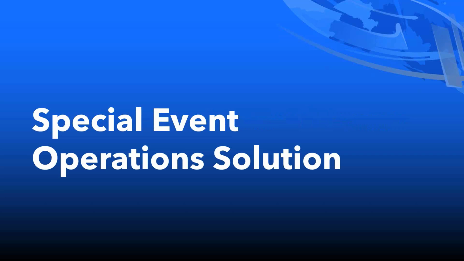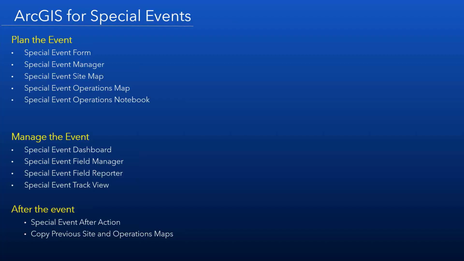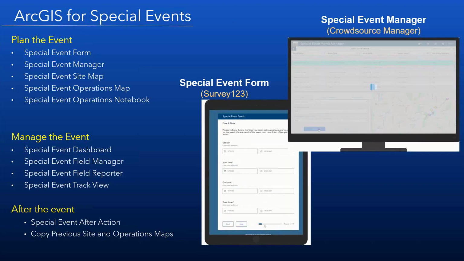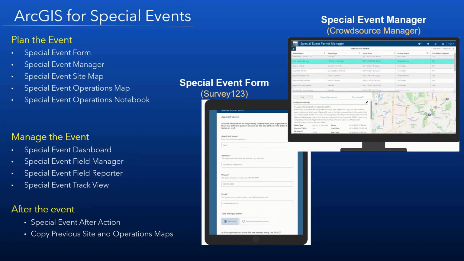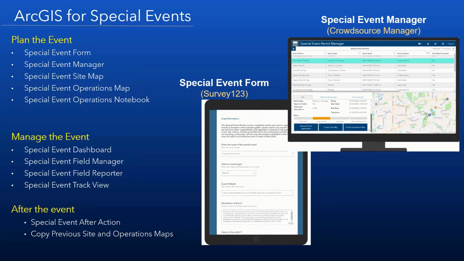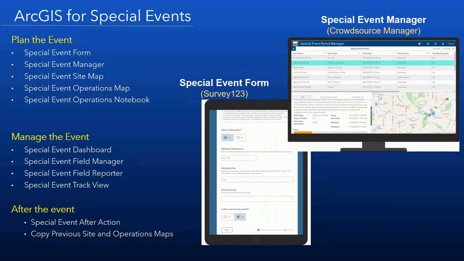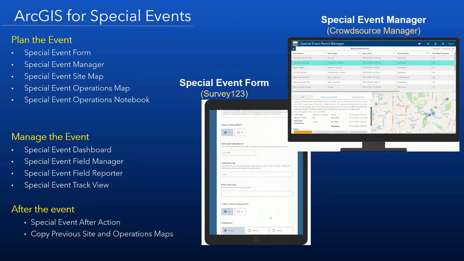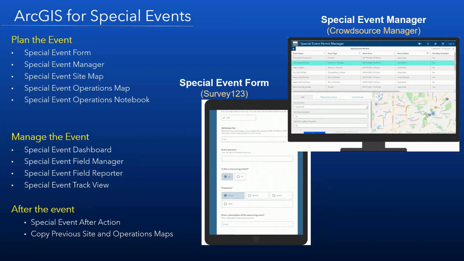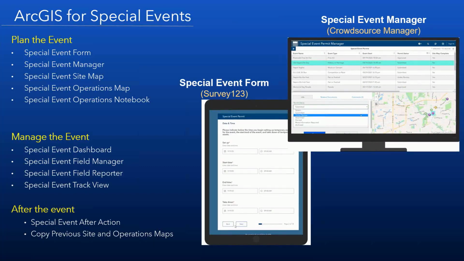So as John mentioned, there are a number of capabilities that are part and parcel of our special events solution, and it falls into 3 main phases. To plan the event, we have a set of configurable apps that support that. First, a special event form that helps coordinators for police and fire. And I should mention that this solution is intended for local and state public safety governmental agencies.